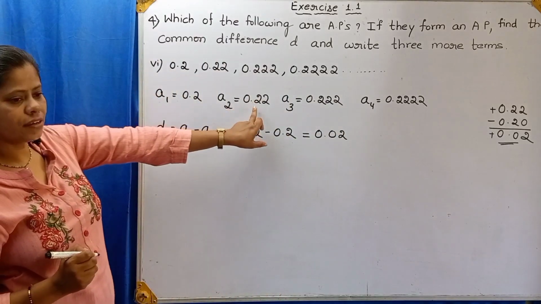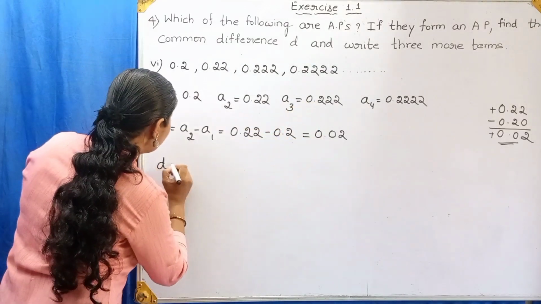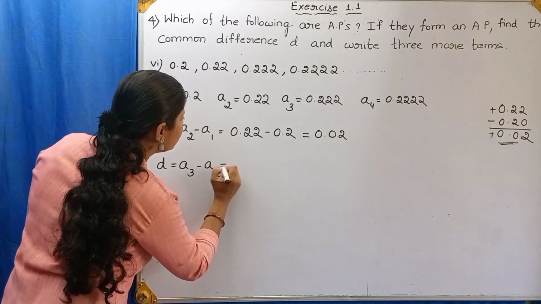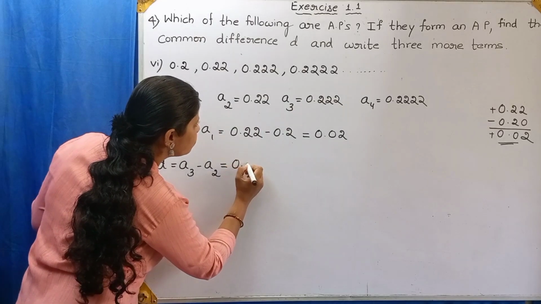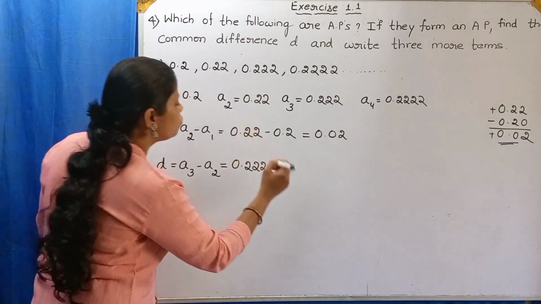Now, let us find out the difference between these two. Okay. D is equal to A3 minus A2. That is, A3 is 0.222 minus 0.22.